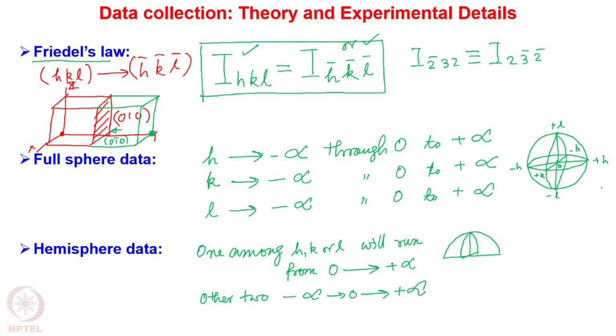So, what we understand from here is that the distribution of intensity among the sphere, that is the reciprocal lattice sphere, is centrosymmetric in nature. The distribution of intensity being centrosymmetric following Friedel's law, we only need to collect the hemisphere of data.